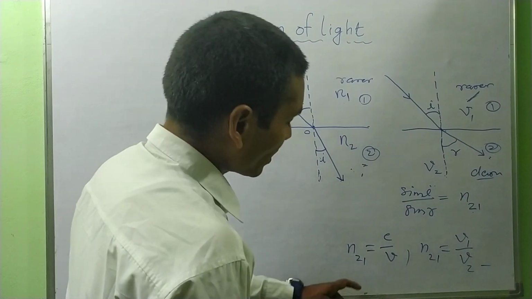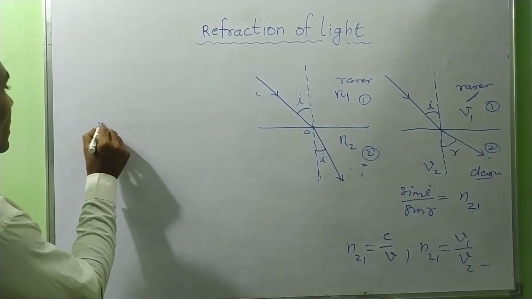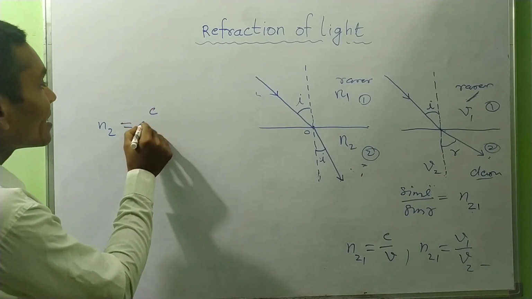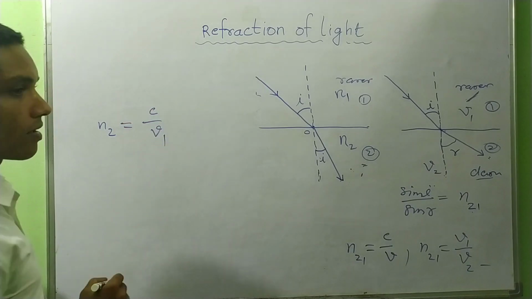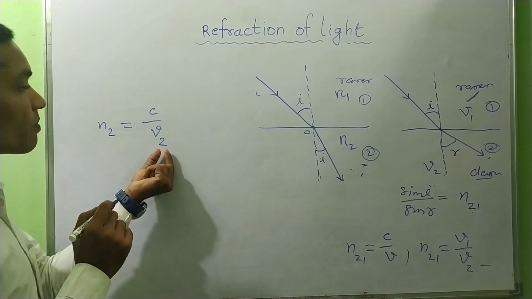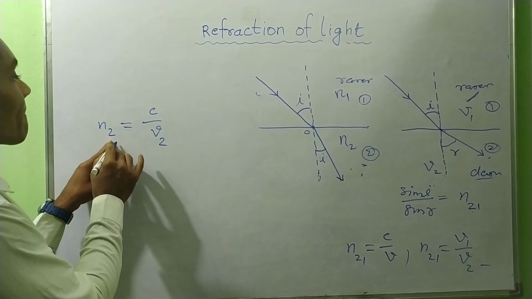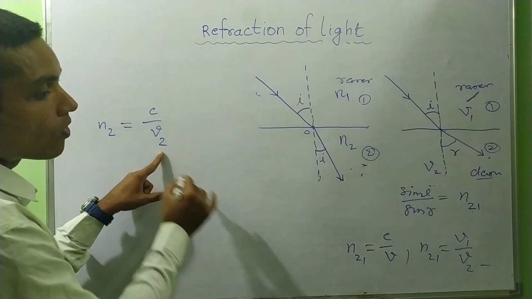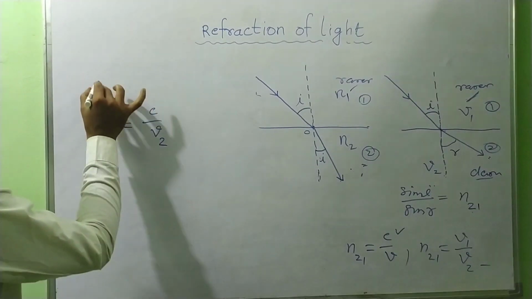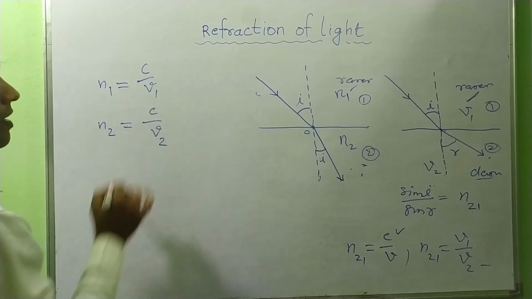The refractive index of the second medium n2 will be c upon v2, because the speed of light in the second medium is v2, and the refractive index of the first medium n1 will be c upon v1.